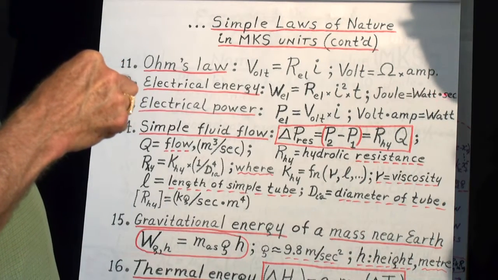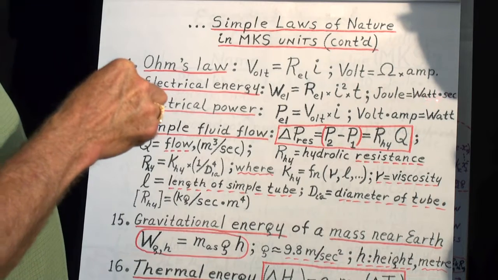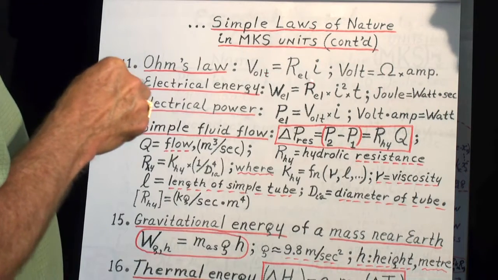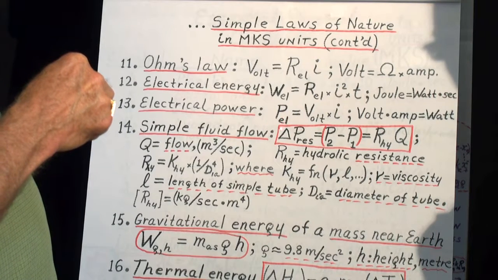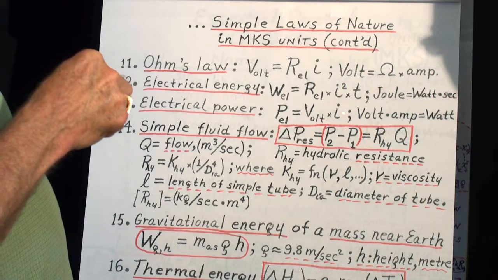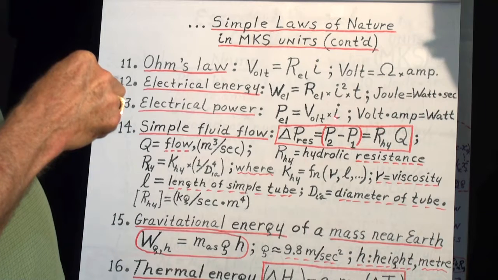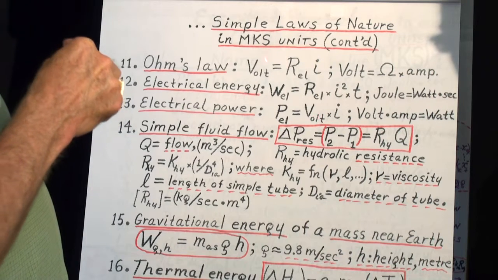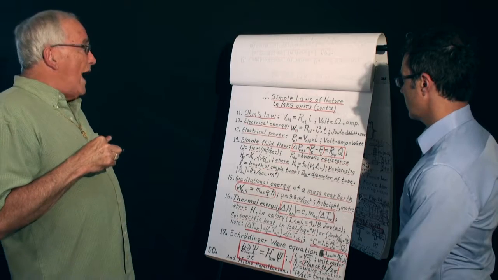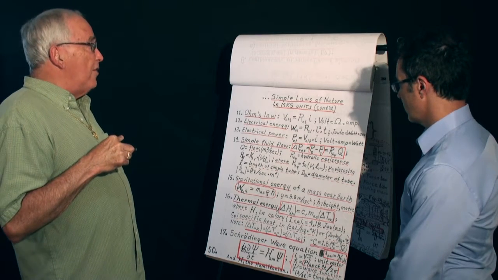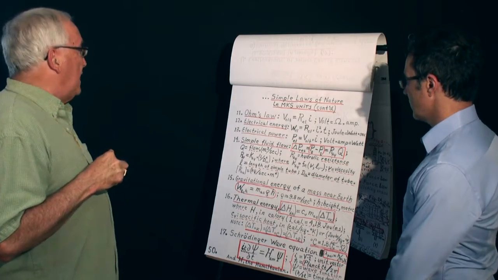So with a kilowatt hour, when we pay the bill, it's roughly this. Electrical power is the voltage multiplied by the current, and voltage is what is defined there. Electrical power in watts is the voltage in volts times the current in amperes.